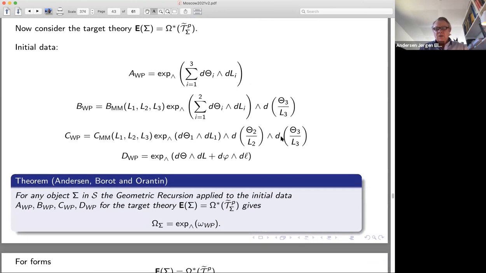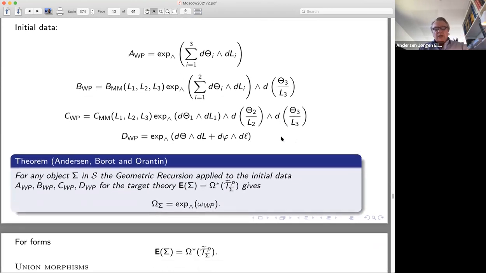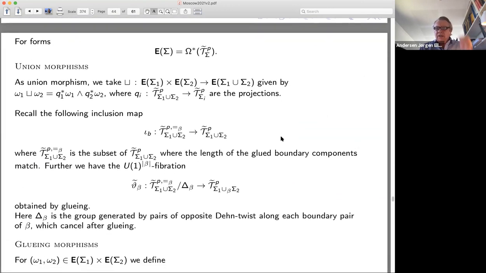Yeah, that's important. But let me just show you what the gluing morphisms and union morphisms are. So the union morphism is just like for functions, except I pull back the forms and then I wedge them. So that's very simple to understand. And then for the gluing morphisms, remember that I had this circle bundle, copies of circles, as many as I have gluing components, over the Teichmüller space where I have glued.